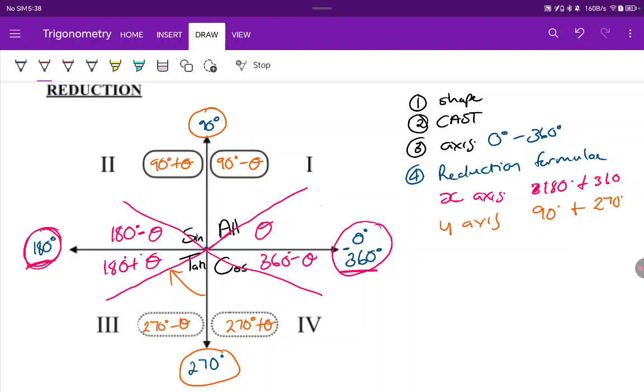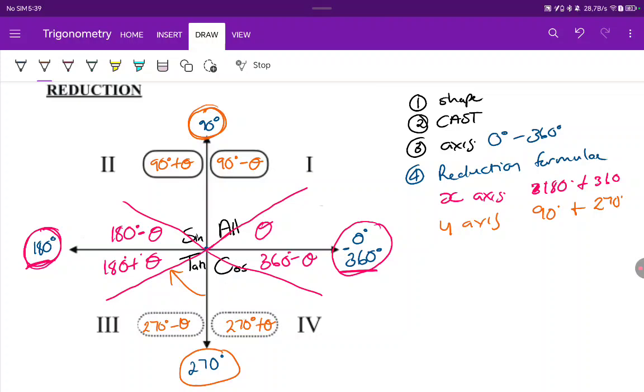The other thing that I need you to know is that when we are doing the 90 and the 270 degrees reduction, so on the pink ones, if we're going to use the pink ones for reduction, the sign of the trig changes, but the trig ratio does not change. So if it is cos, it remains cos. If it's tan, it remains tan.